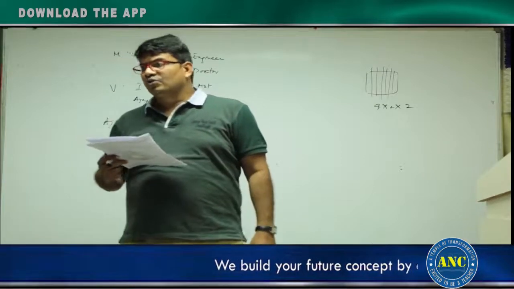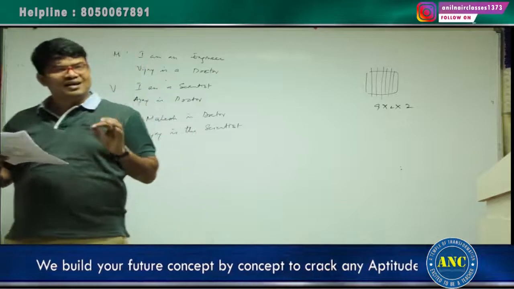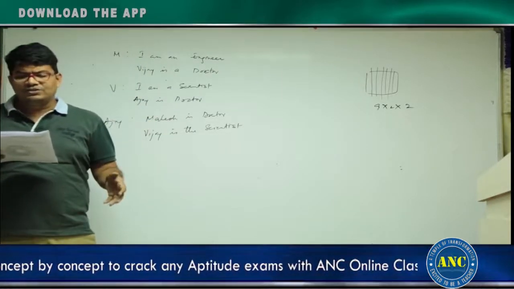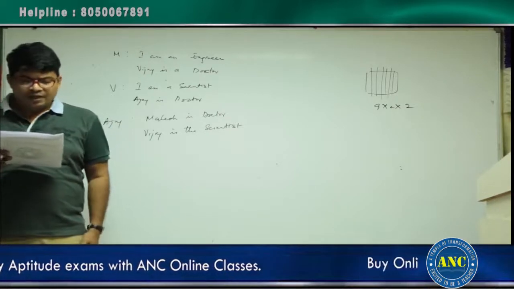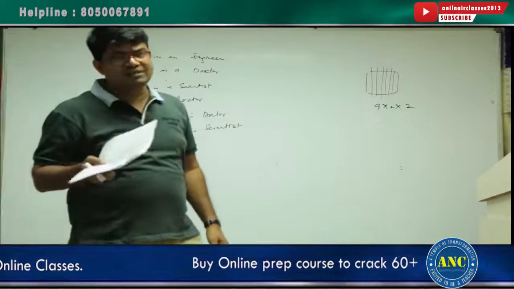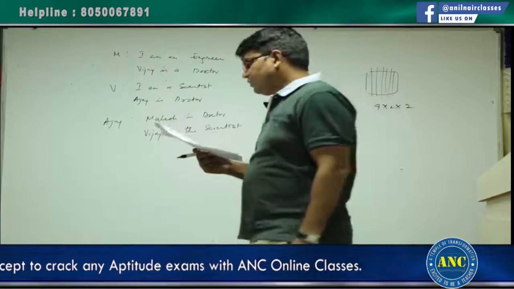So there's one guy who's always a true teller, the second one is a liar, and the third one always alternates between truth and lie, in any order. You don't know whether the first statement is true or the second is a lie, but one is true and one is false.